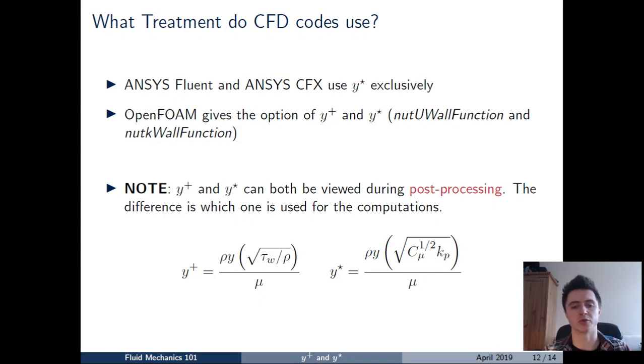What the CFD code will do for this is take the final converged value of the wall shear stress and the turbulent kinetic energy and use those to compute yPlus and y star, which you can see there in equation 13. And I'd advise, if you have some time during your post-processing, just have a quick look at the values of yPlus and y star and confirm for yourself that they are actually very similar. But it's the choice of the variable that goes on under the hood in the CFD code that actually affects the processing and the solution.